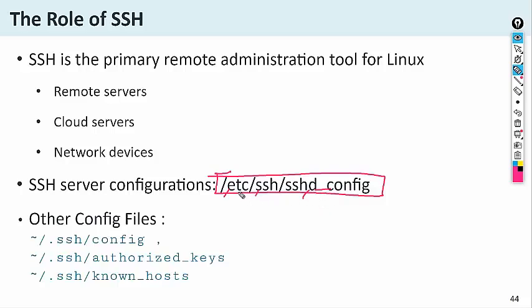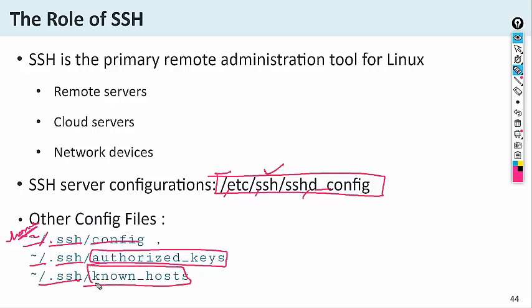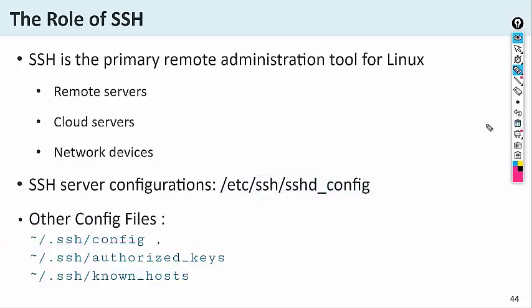Other files are also related to SSH configuration. These are in the home folder: .ssh/config, .ssh/authorized_keys, where keys are stored, and .ssh/known_hosts, which has the information about the known hosts used to connect to the server through SSH.